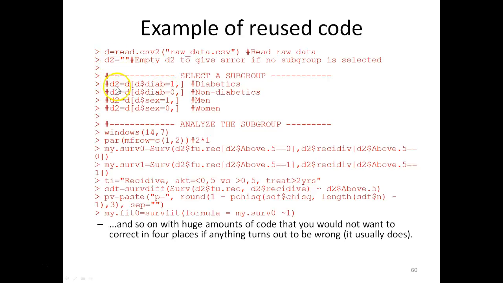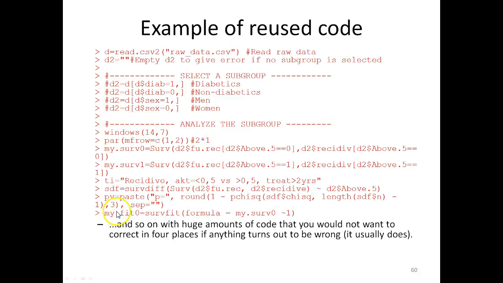Next, we load data into D2, data concerning only the subgroup we're interested in. As you can see, we have one subgroup per line here: diabetics, non-diabetics, men and women. And we have number signs in front of them.